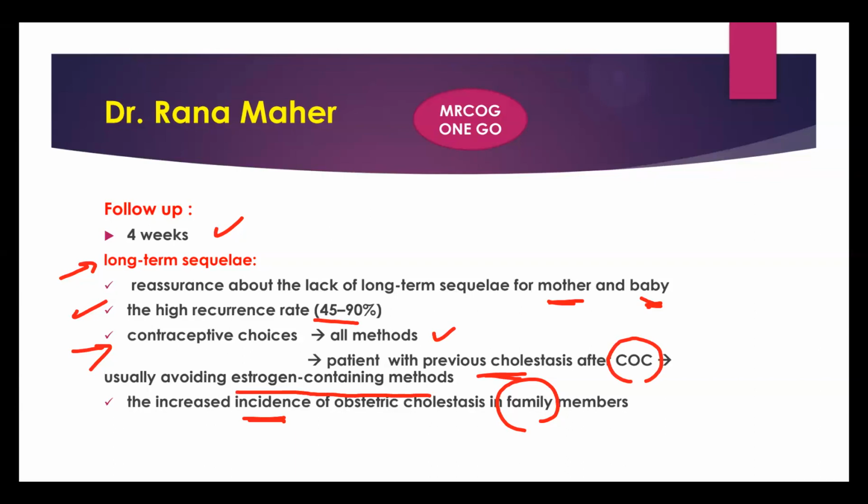In the old guideline, it was all methods except combined for obstetric cholestasis. Nowadays, in the recent update, no, give combined, no problem, except if the patient has had cholestasis before provoked by the combined pills or any estrogen-containing methods. Okay? So this is the long-term sequelae.